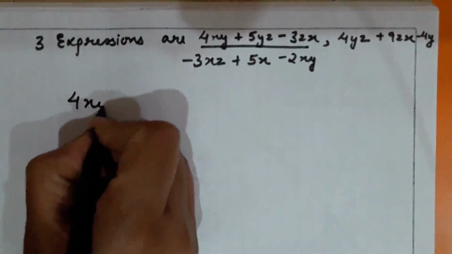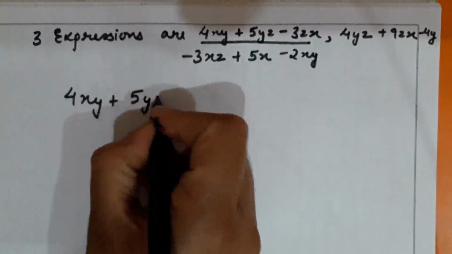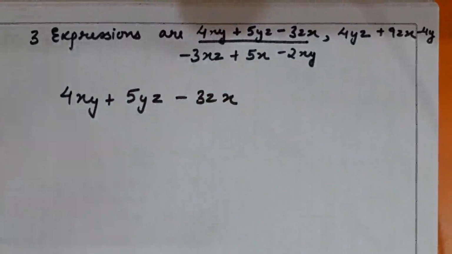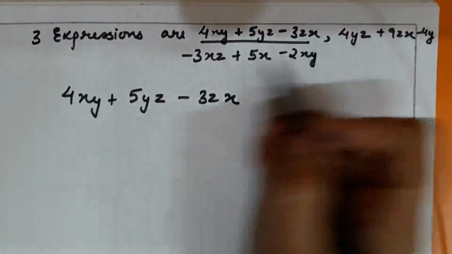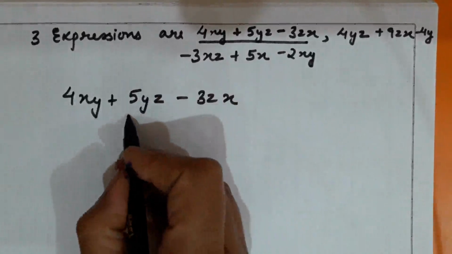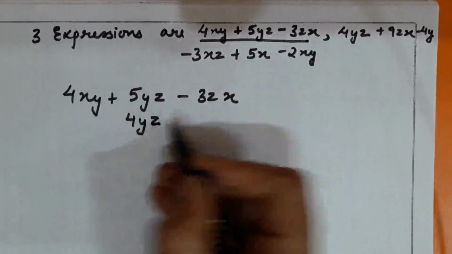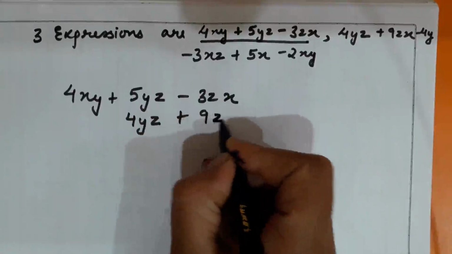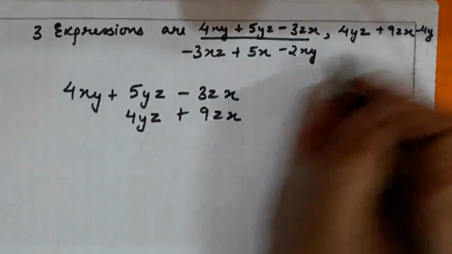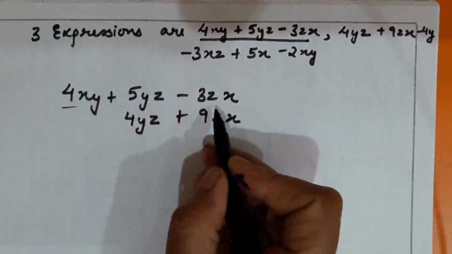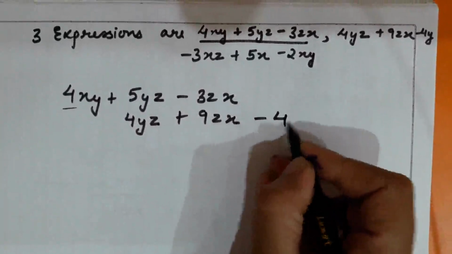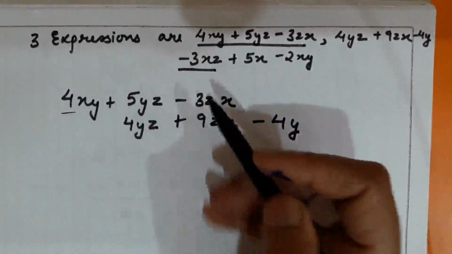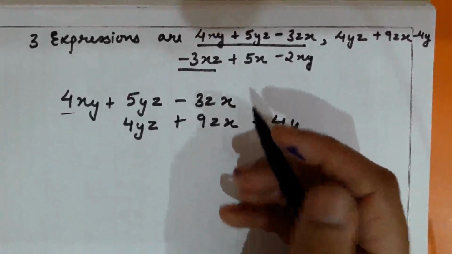How? 4xy plus 5yz minus 3zx. Now second expression is 4yz. So the yz term is right just below that. Now plus 9zx minus 4y. Now 4y is not present in expression 1, so you can write it separately here.